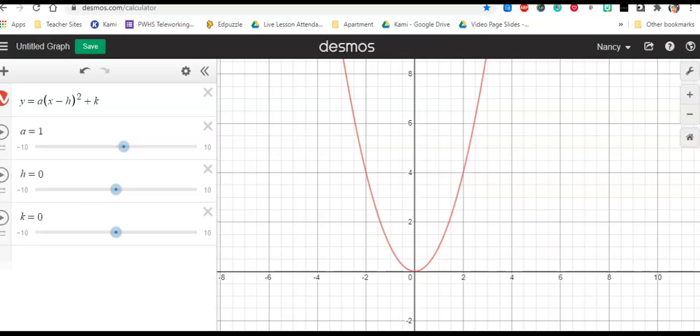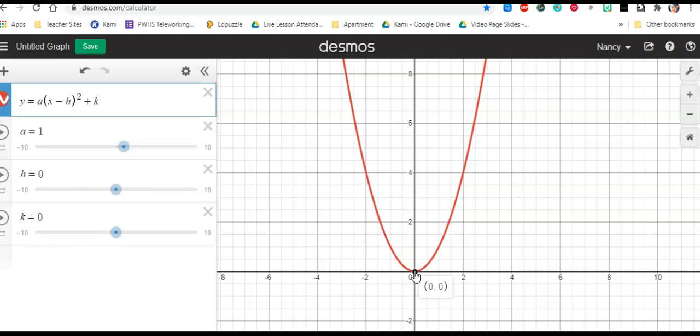So what I did was I typed in over here on this top line the vertex form with the h and the k exactly like they would be in our vertex form. So I added what we call a slider for a, h, and k. So if a is 1, h is 0, and k is 0, that means the vertex is at 0, 0.